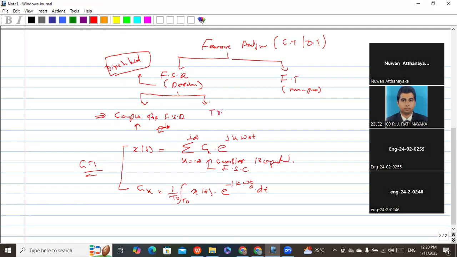And another one is the trigonometric Fourier series representation.